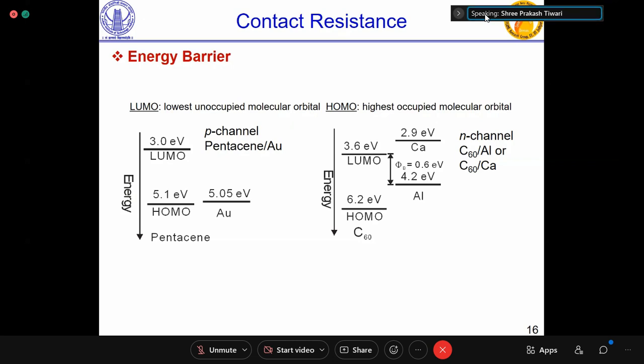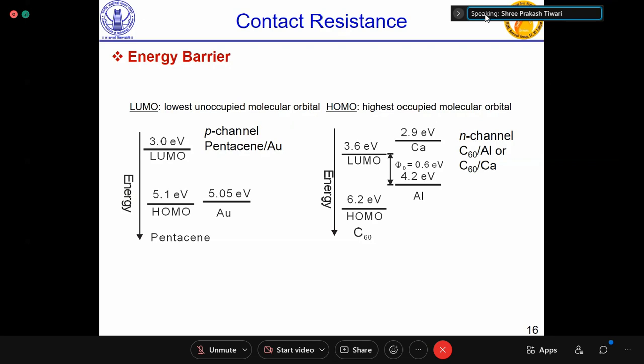Why do we call it source to semiconductor barrier? Because the injection of carriers happens from source to semiconductor and not from drain to semiconductor. In any device, injection happens from source to semiconductor, be it electrons or holes, and they are drained at the drain terminal. Okay, fine. So there can be a barrier even if you take gold.